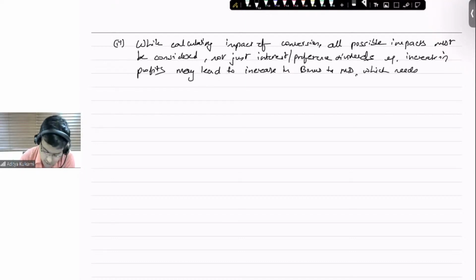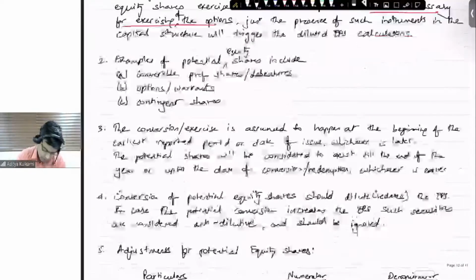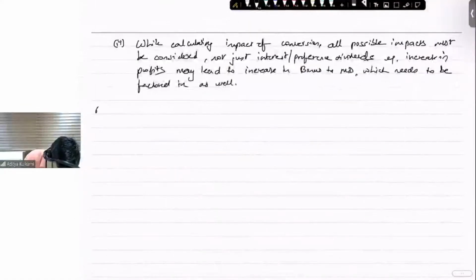This is based on the example. Okay. All right. So this is 1, 2, 3, 4, 5, 6.